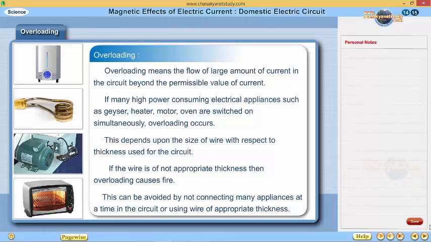This depends upon the size of wire with respect to thickness used for the circuit. If the wire is not of appropriate thickness, then overloading causes fire. This can be avoided by not connecting many appliances at a time in the circuit or using wire of appropriate thickness.